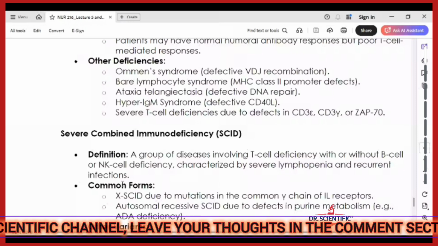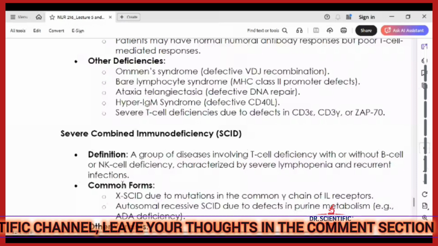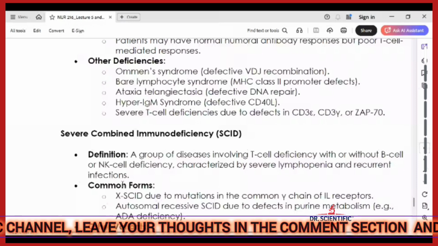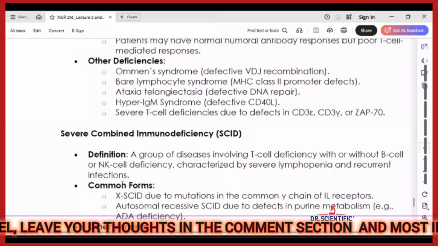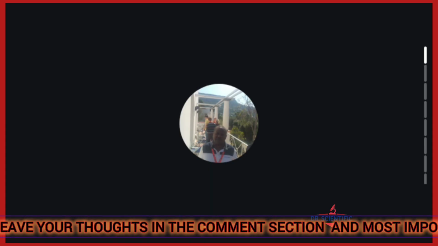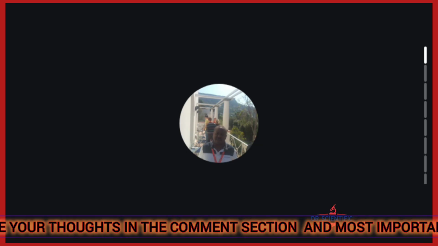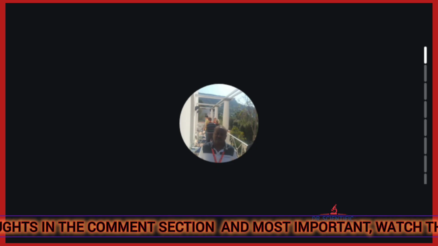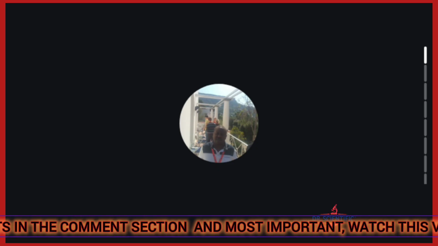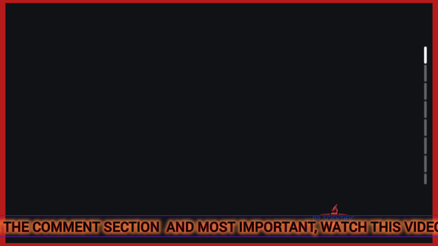SCID is a combination of several issues, not just complement, not just T cells, not just immunoglobulins, not just phagocytic cells. It's a group of diseases involving T cell deficiency with or without B cell or natural killer cell deficiency.